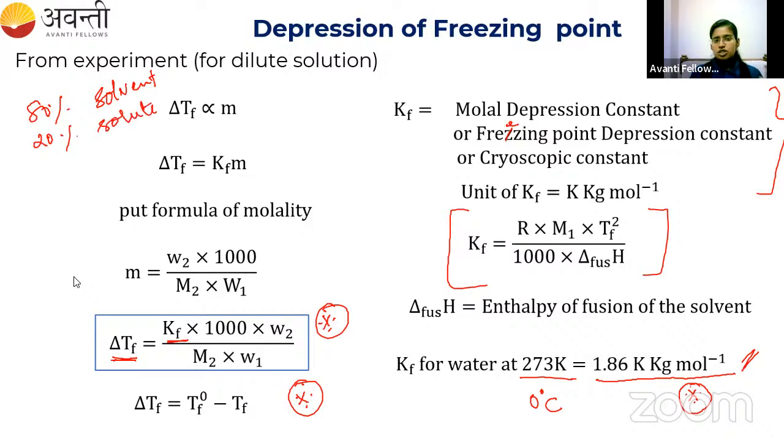So the major portion is solvent, which means it is a dilute solution, right? If it is a concentrated solution, the solute will be more compared to the solvent. But the thing which we are taking is that the solvent will be more. Clear? So only for dilute solutions can we apply those things.